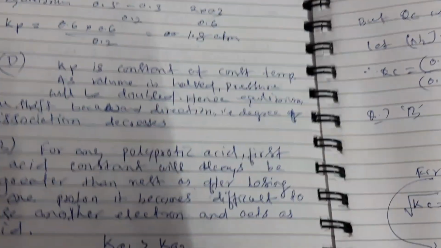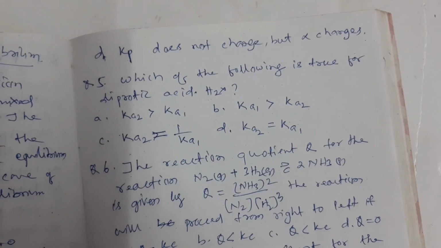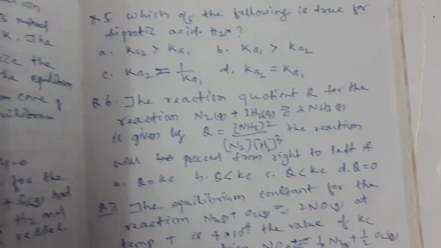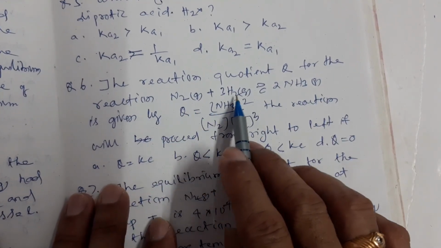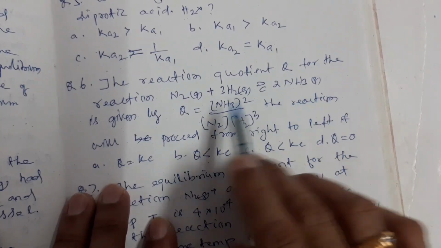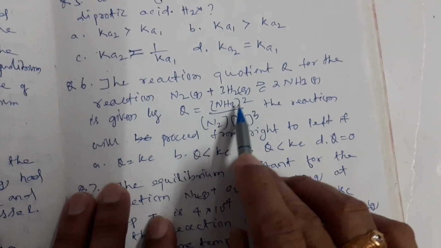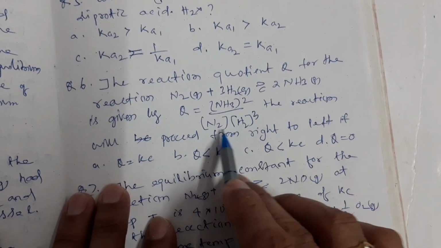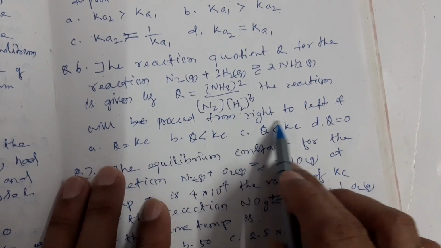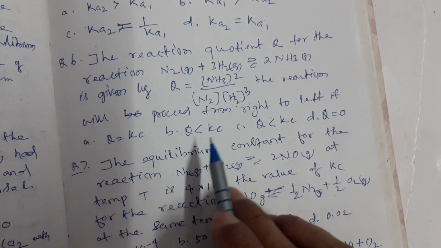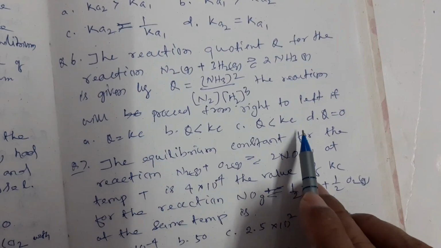Next, question number 6. The reaction quotient Q for the reaction nitrogen and hydrogen giving 2 ammonia is given by Q equals NH3 power 2 over nitrogen times hydrogen power 3. The reaction will proceed from right to left if what is the condition? These are the choices given.